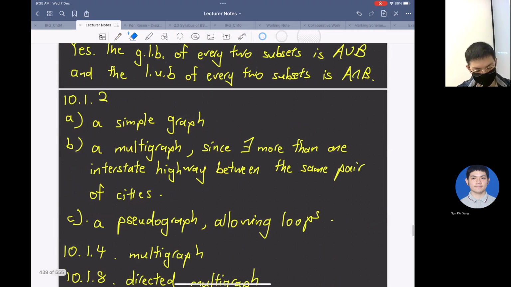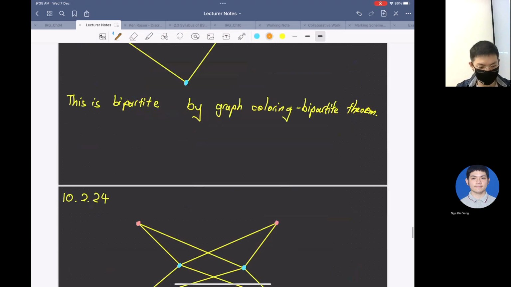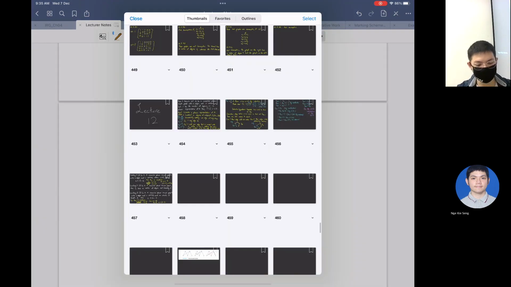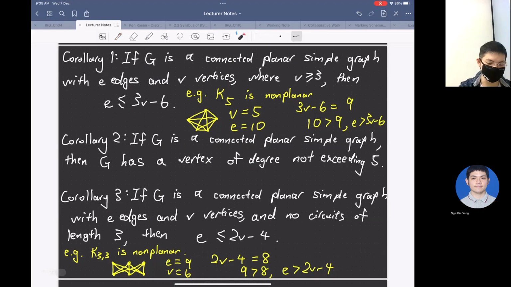You can go and check the number of edges and vertices. If it fails to follow the inequality here, then you can use the contrapositive of the proposition.